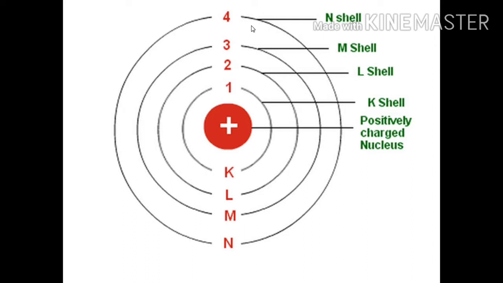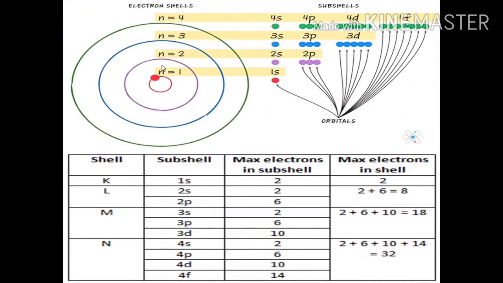Now these are the main shells, but in the state board there is a concept about subshells. Though you don't have it for the exam, you should have knowledge about these subshells. So I will be teaching you a little about the subshells. The K main shell has one subshell, that is s.